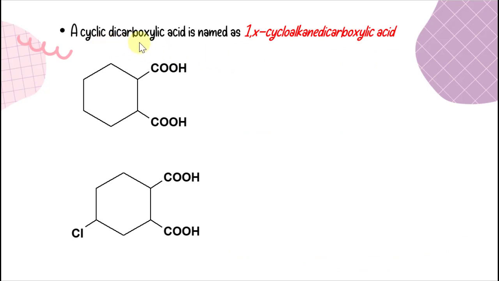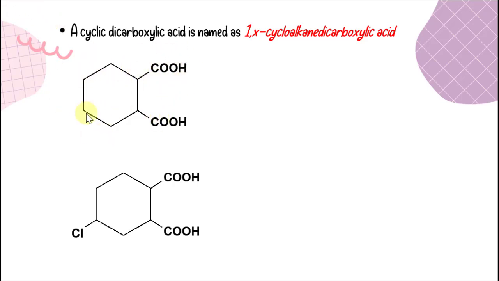For a cyclic dicarboxylic acid compound, it means that we have two carboxyl groups attached to the cyclic compound. The name will be 1 for the first carboxyl group attached to the cyclic compound, and then X for the position of the next carboxyl group, cycloalkane dicarboxylic acid. For example, in the first structure we only have the carboxyl groups.